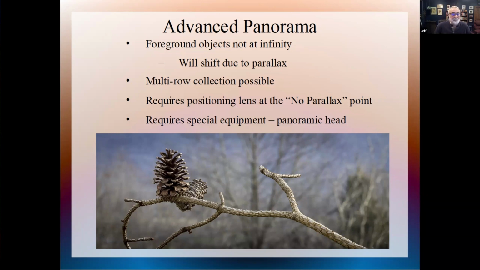So in order to maintain that position over the center part of your tripod, meaning the central rotation point of your tripod, requires some special equipment. And that's called a panoramic head. And I'll show you that here in another minute or two. Okay.